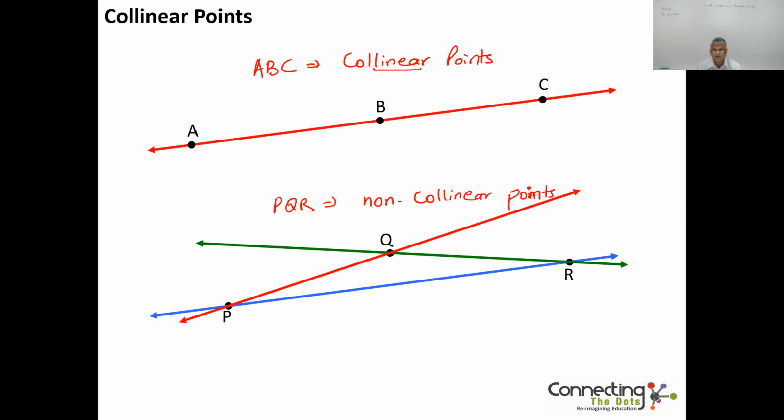Okay? Fairly clear? If all the 3 points lie on the same straight line, then they are called collinear points. Whereas in the second example, PQR, you will see all 3 points don't fall on the same line. That is why they are called non-collinear points.